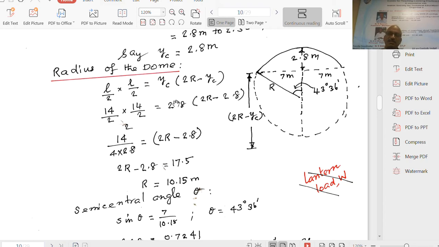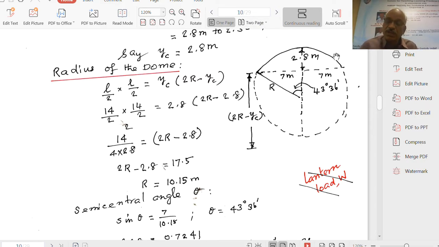For calculating the radius of the dome, this will be discussed in circular arches also. We will be finding out the radius and all these angles. Same thing is repeated here. If 14 meters is the diameter of the tank, 7 meters is half the span of the dome, and 2.8 is the height that you have assumed. Now, from the property of intersecting chords, suppose we take half the length as L by 2.